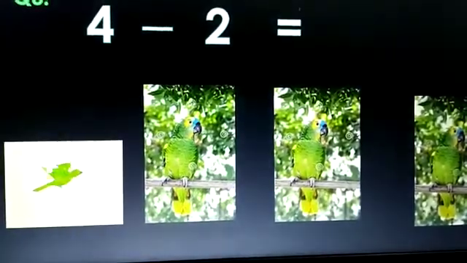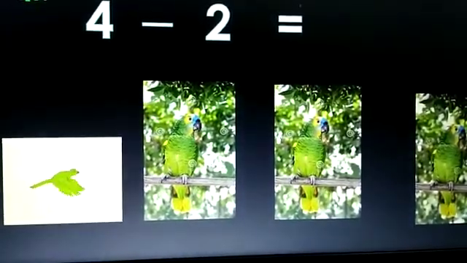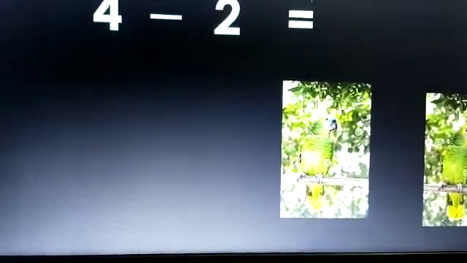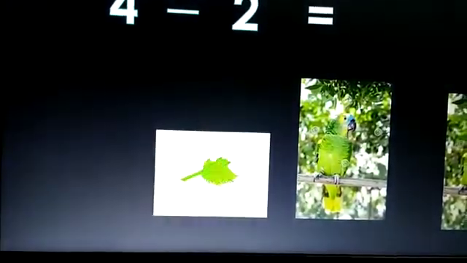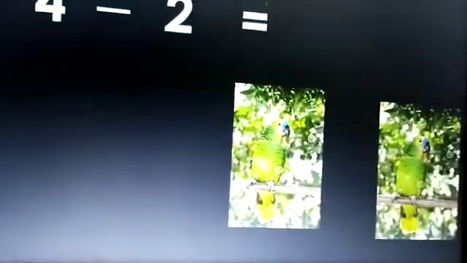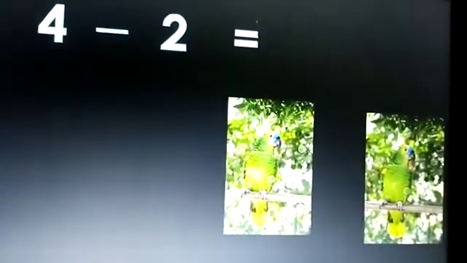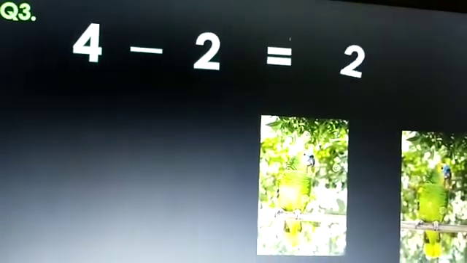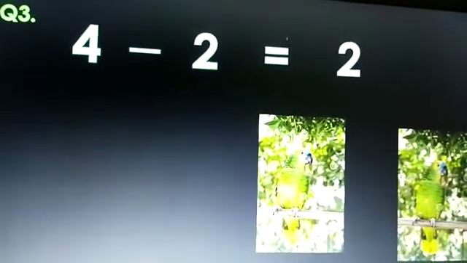Now out of 4 parrots, 1 parrot first flew up, then the second parrot also flew up. See. Now can you tell me how many parrots remain on the screen? It's 2 parrots. So 4 minus 2 is equal to 2.